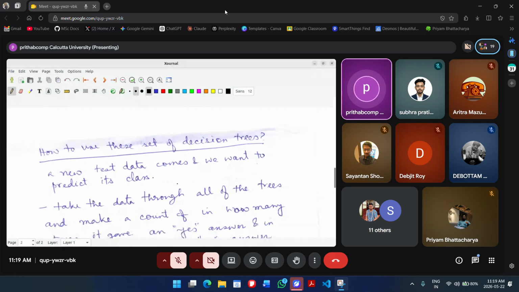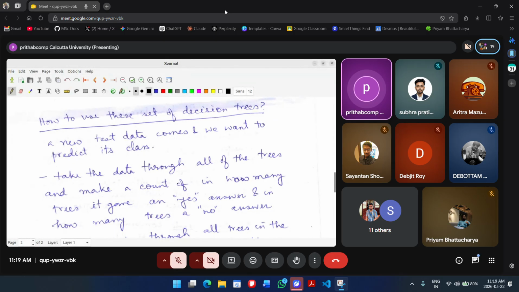Now how do you use this set of decision trees for predicting the class for new data? For a new data, you pass that data through all the decision trees that you have made. Every decision tree will predict a class for that new data.